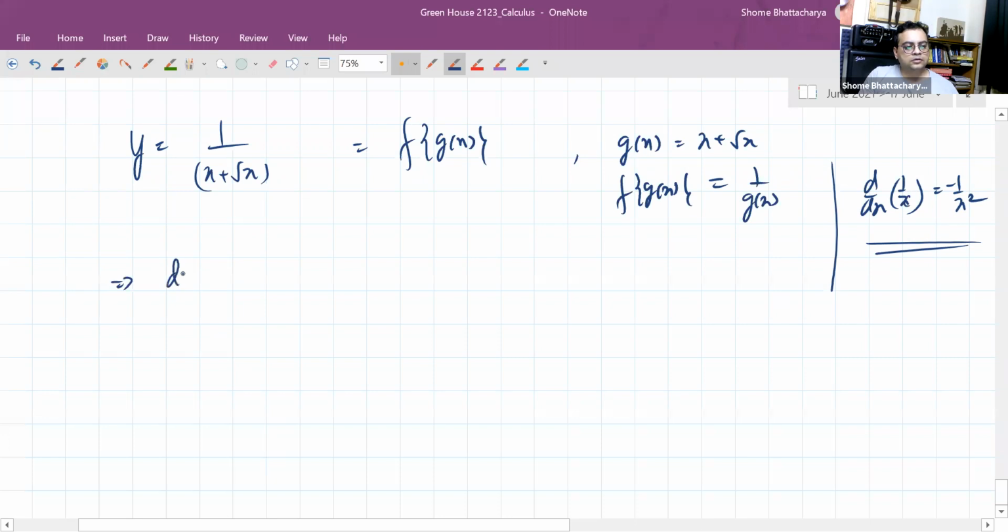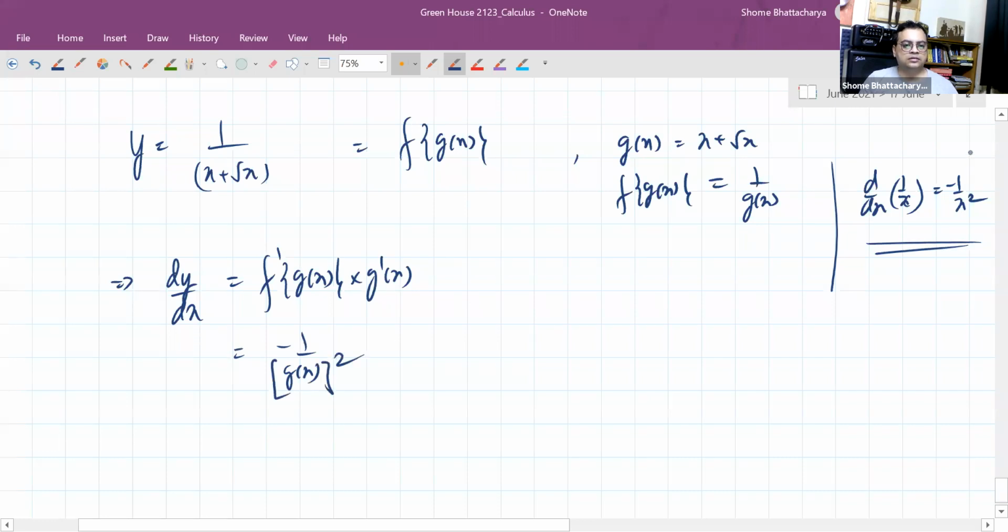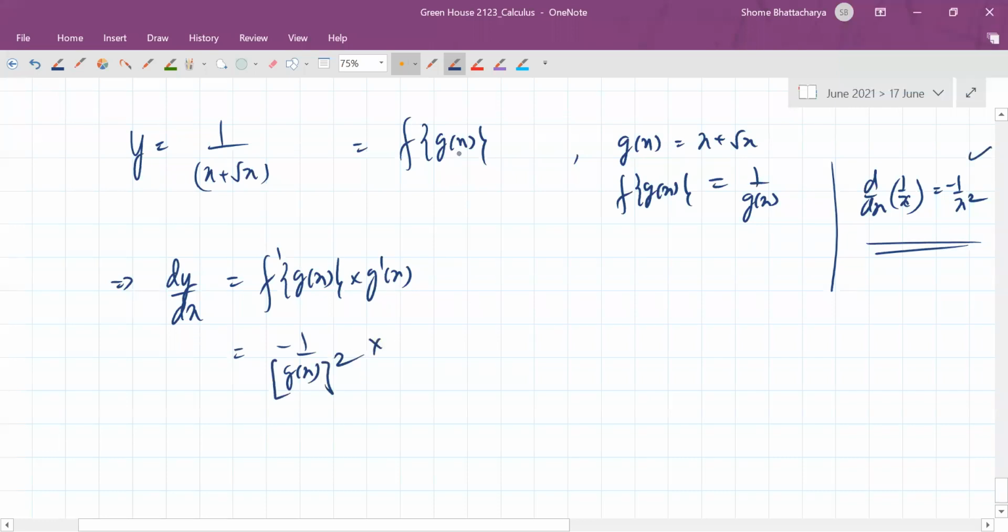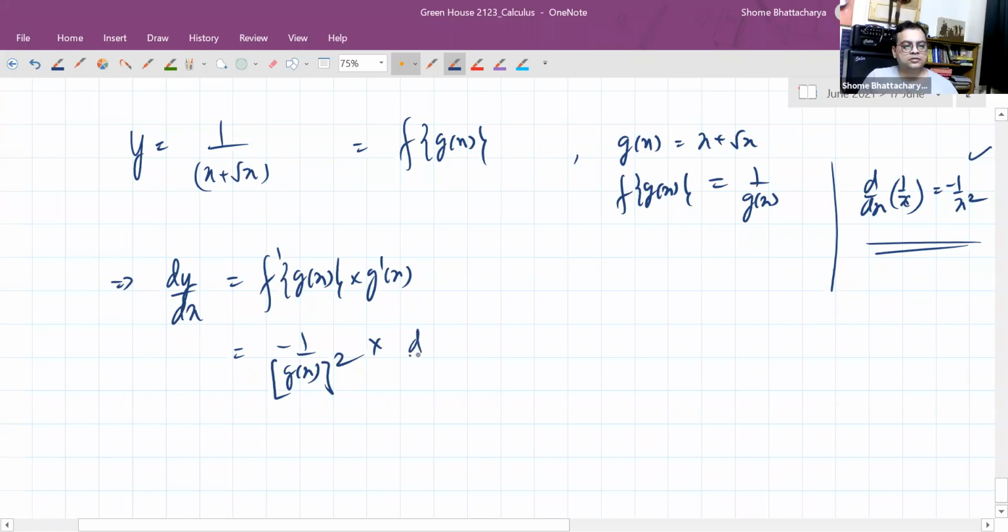So dy by dx is f prime of g of x into g prime x. Now f is the 1 upon g function, so its derivative is minus 1 upon g squared, and g is this thing. So we need to differentiate this, x plus root x.